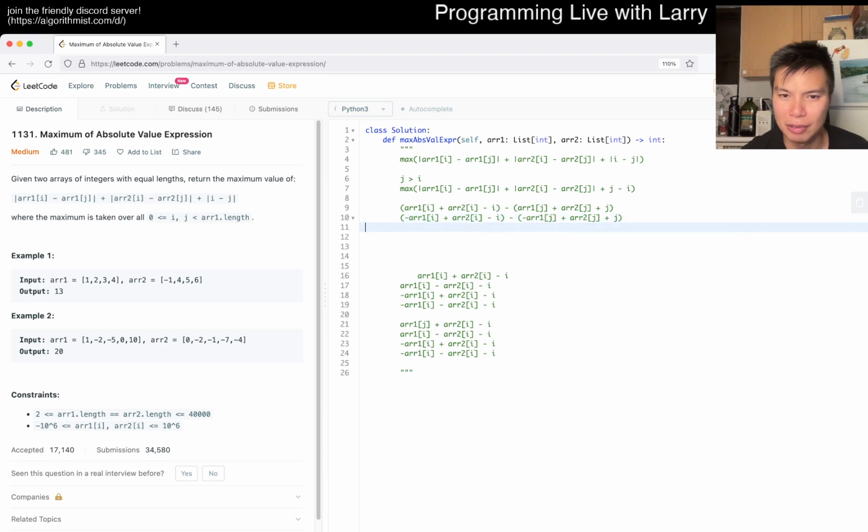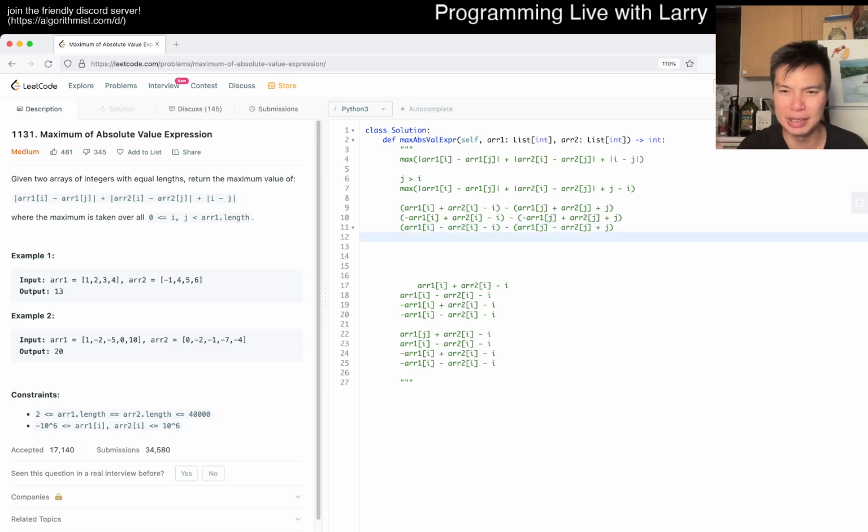And then the other one, it would be negative minus arg1 of j minus arg2 of j plus j, right?